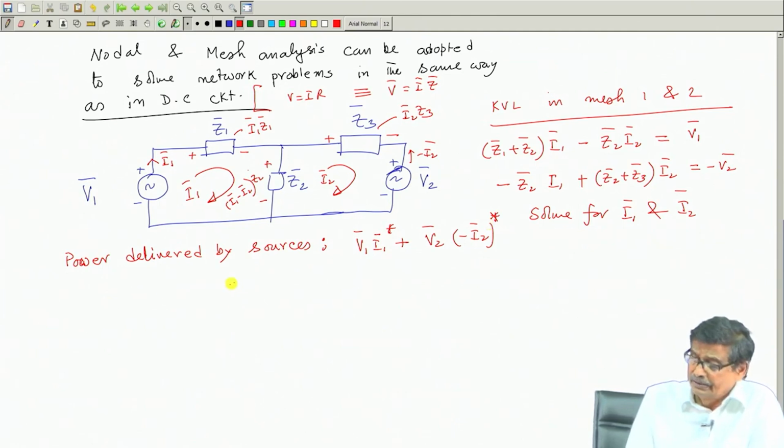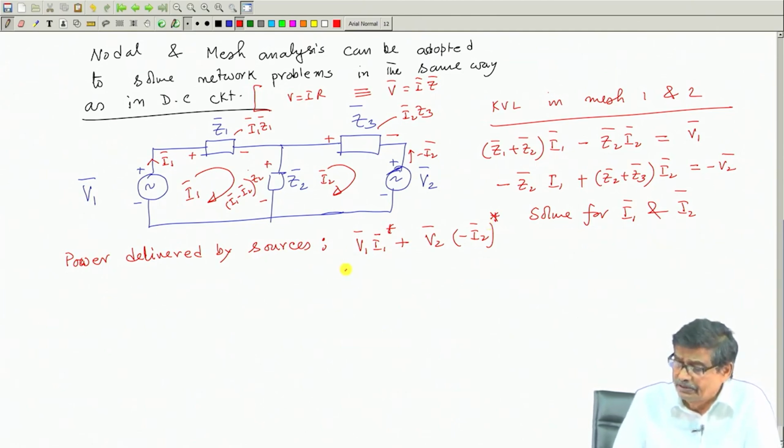Similarly, net power delivered by the source will be V1 I1 star and minus V2 I2 star. This fellow delivers and this fellow absorbs. So, minus.